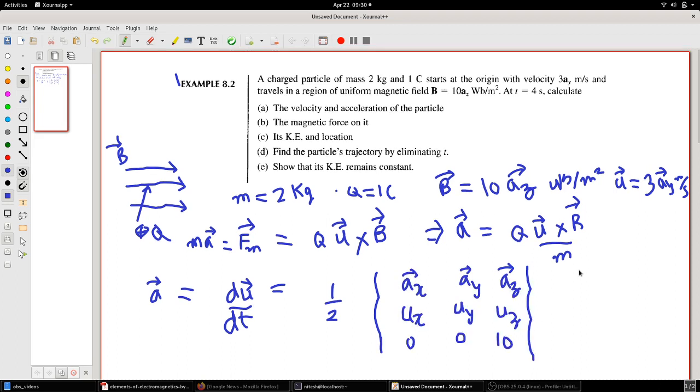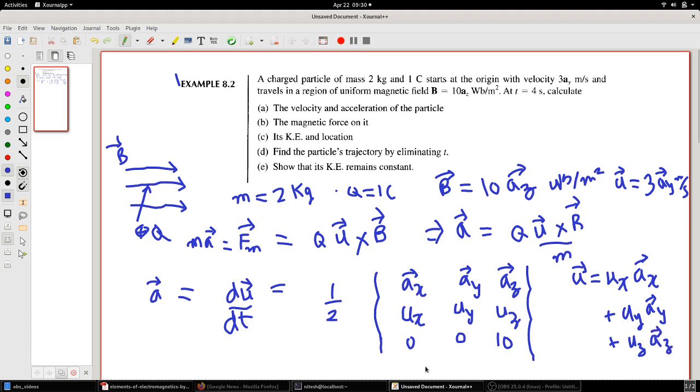Okay, so what is u? We have assumed u is equal to ux into ax component plus uy into ay plus uz into az. This is what I have assumed.